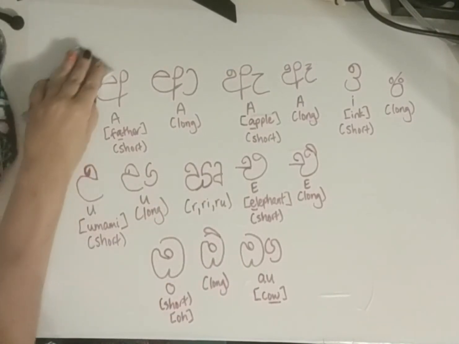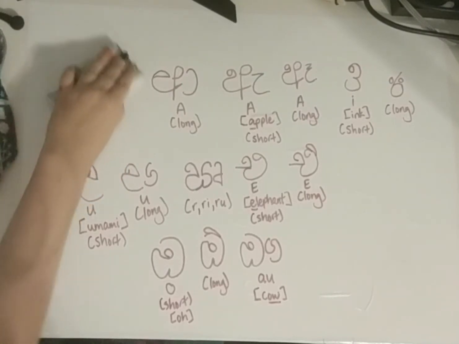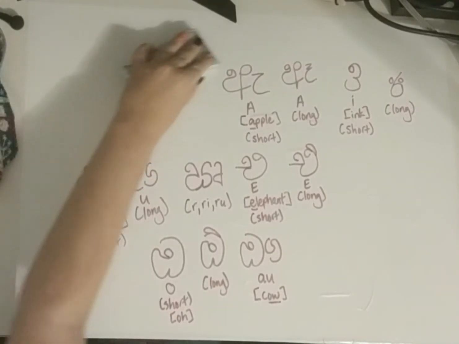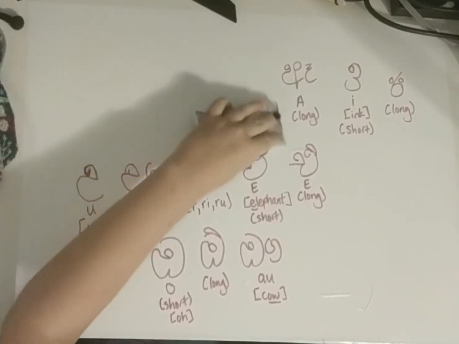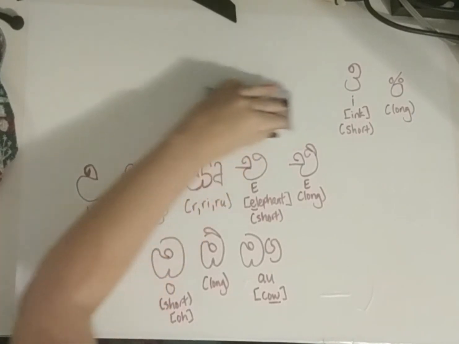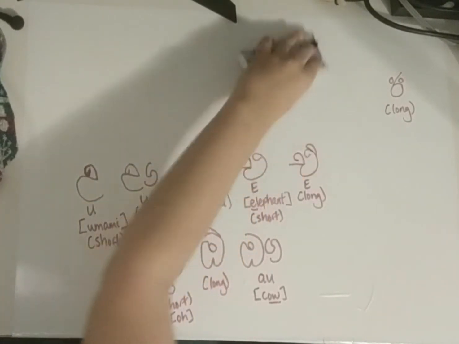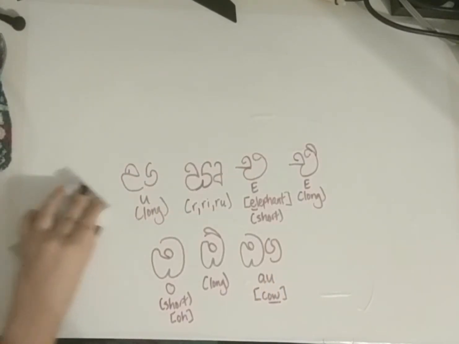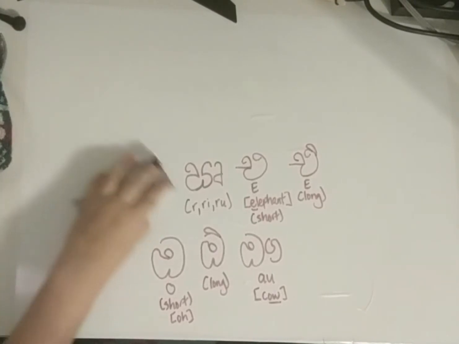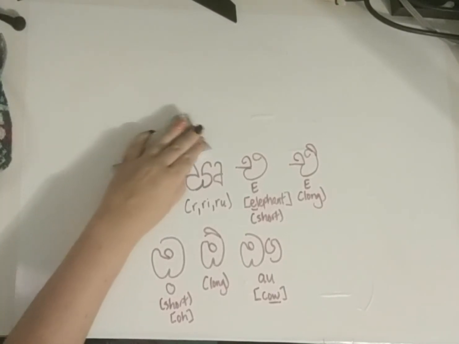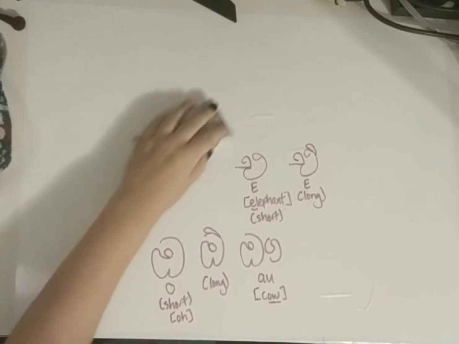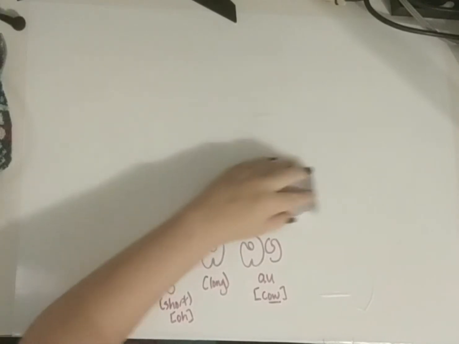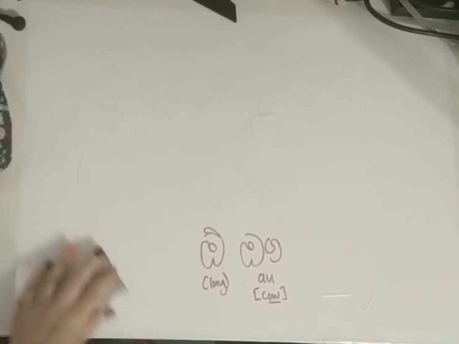Let's erase. We have a, e, u, r, ri or ru, e, o.